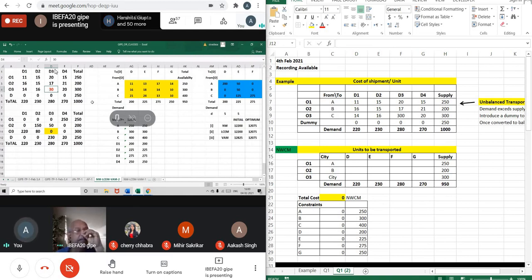Yeah, if we add a constraint that cell D4 must be 0, then automatically O3 will not send to D3. That is the mistake. When I want the minimum total transportation cost, then allocation will come at 0. Correct, na? Sir, I didn't get that part.